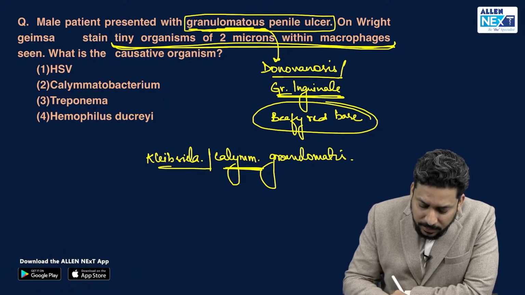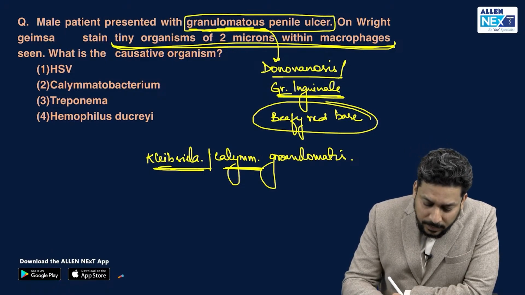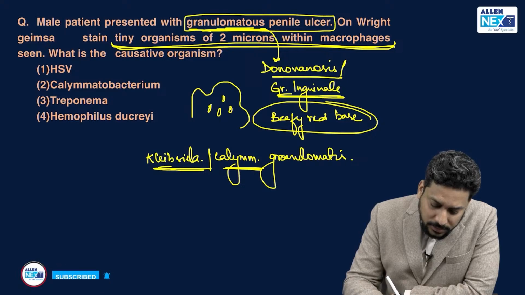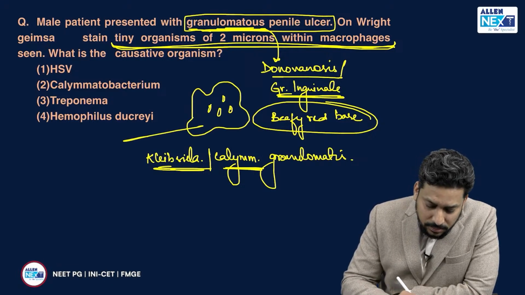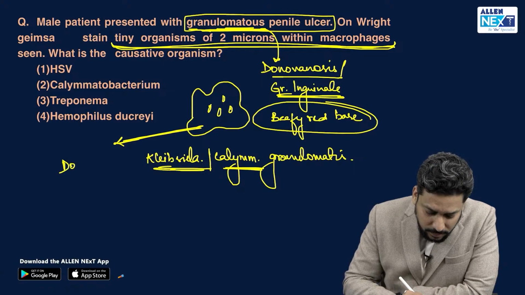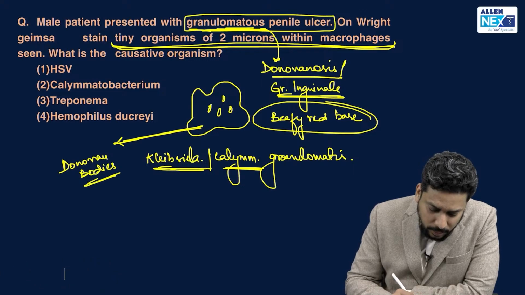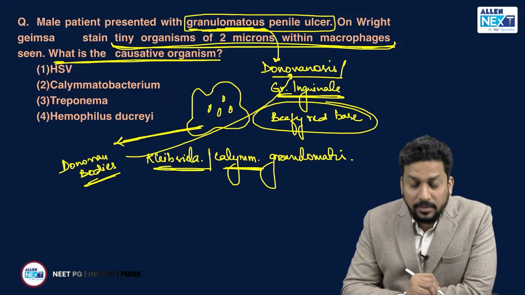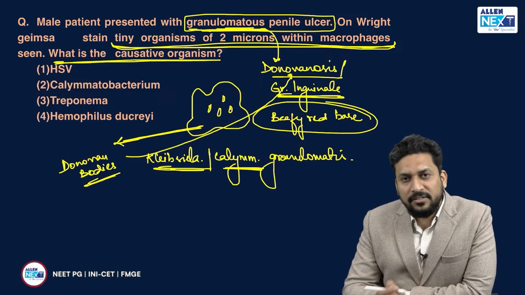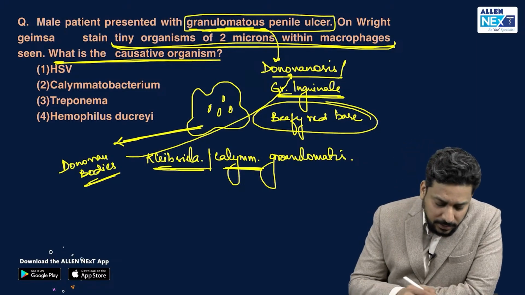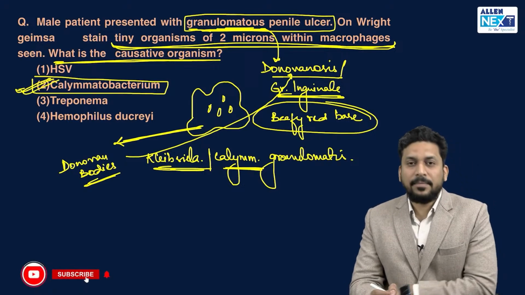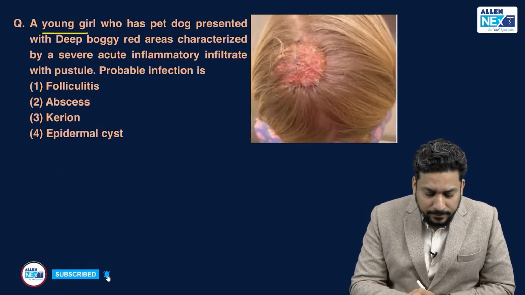So this Calymmatobacterium granulomatis or Klebsiella granulomatis, this bacteria is engulfed by the macrophages, and such macrophages are known as Donovan bodies, which are seen in donovanosis. So what they are asking, what is the causative organism? The diagnosis is donovanosis, the causative organism is Klebsiella or Calymmatobacterium granulomatis, and Calymmatobacterium is mentioned here. So the answer becomes Calymmatobacterium.